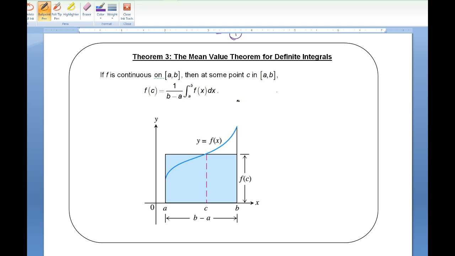Okay, so now we're going to take that definition of mean or average value and say that basically if it's continuous on the curve, there has to be some average value and we can figure out where that occurs. Like that previous problem, we figured out the average y value, but we could also figure out the x value where that would occur.